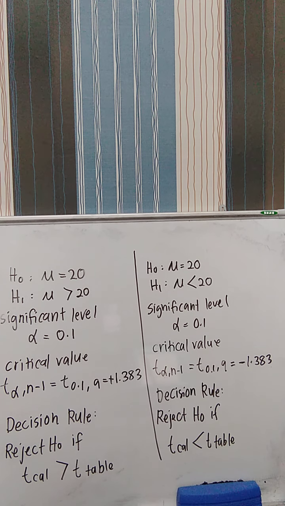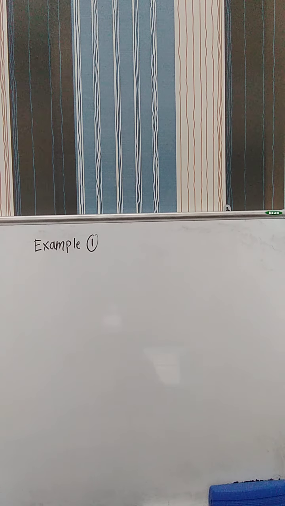Next I continue to example 1. For example 1, same, you need to identify the sample data, how many n is given and the standard deviation given. Example 1: a manufacturer claims that the mean lifetime of its watch is more than 10.5 years.